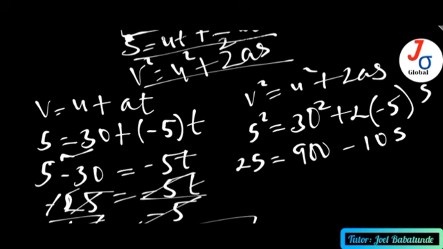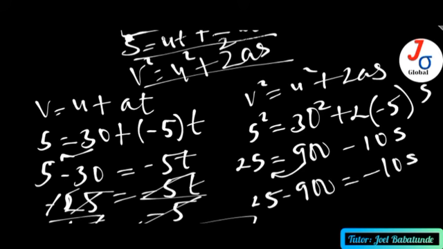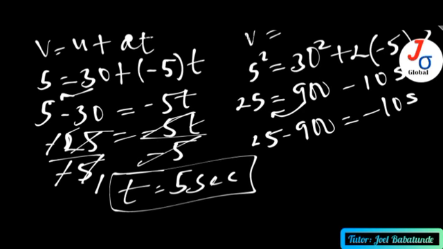So I could collect terms, bring this back here, that becomes minus, that's 25 minus 900 equals minus 10s. Okay, good. And so 25 minus 900, I have minus 875 equals minus 10s.